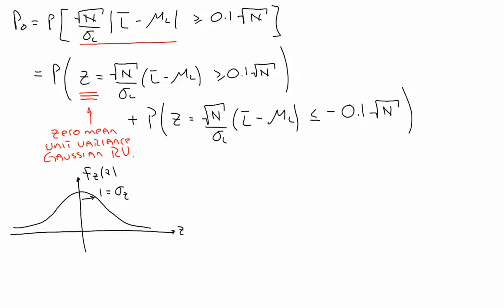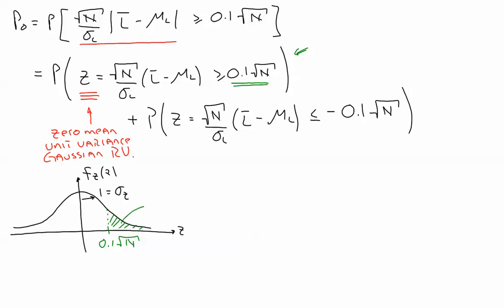So you'll remember that this first probability right there is the integral over the upper tail. What we've got here is 0.1 square root of n. What I'm asking myself is the integration of that upper tail.